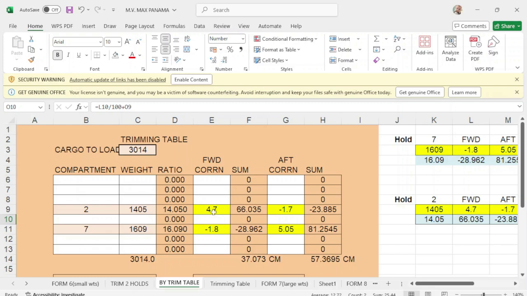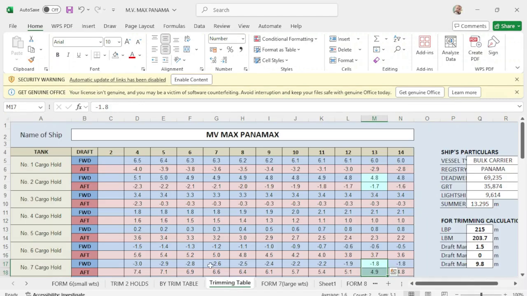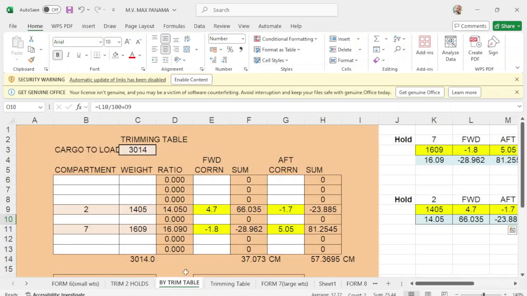So what is the correction of hold number 2? You go to the trimming table. This is hold number 2. What is the nearest drop? Departure drop is 12.72, so the nearest would be 13. So what is the forward correction? It is 4.8.